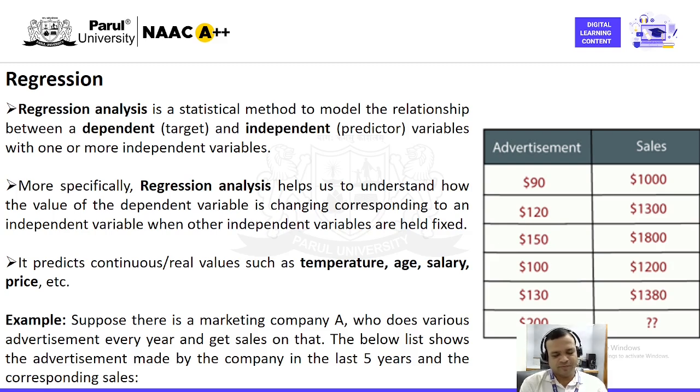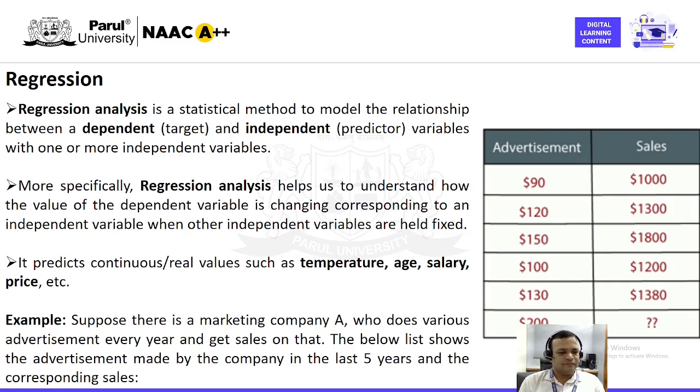After calculation it will give a real value, for example 33.7. That means 33 years 7 months. So that is the real value. Okay. Similarly for the price and salaries.